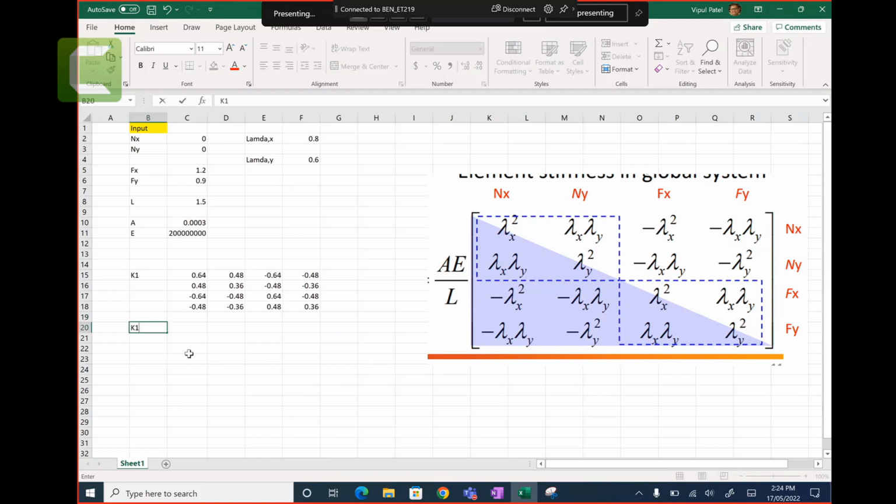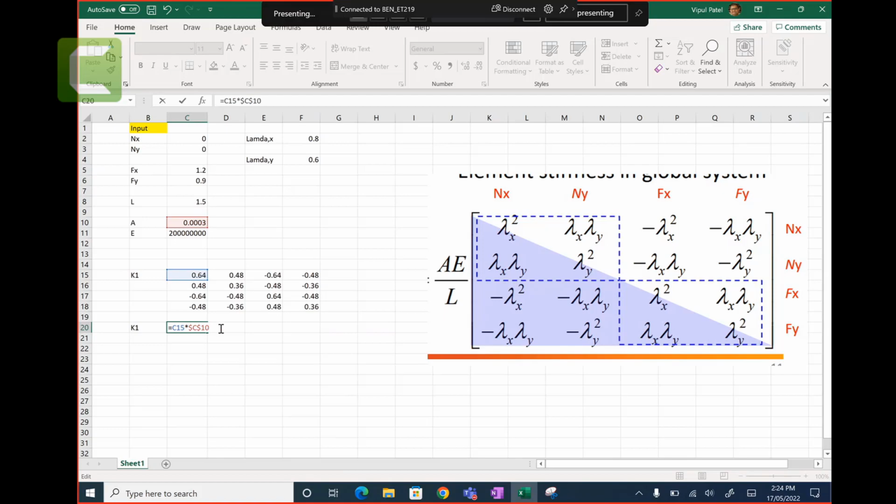So let's say K1, and let's say equal to 0.64. I think we need to multiply by AE and divide by L. So multiply by area, lock it because we're not going to change that one.